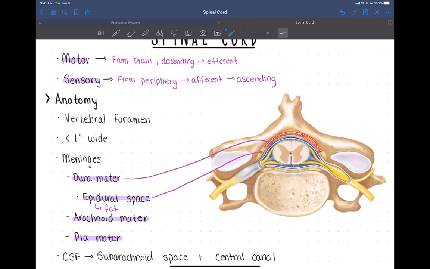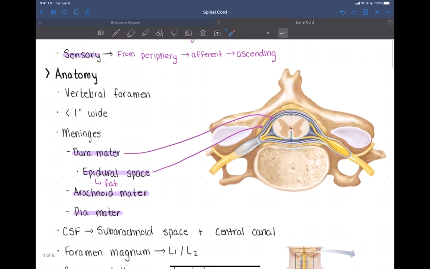The needle for that anesthesia is put through the space between your vertebrae and into this fat and injected there. It should not puncture your meninges. And then it can numb the sensation from that level, typically down. So that's the epidural space.